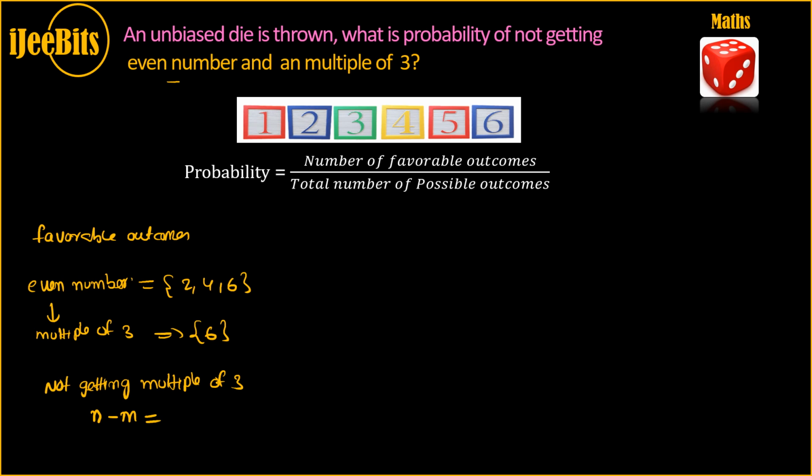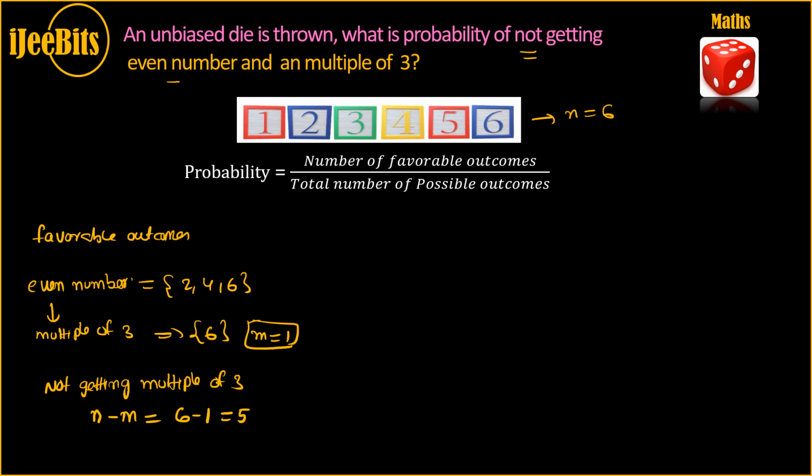Total events we know, n equals 6, and m means only one event, one outcome. So 6 minus 1 equals 5. This is nothing but a "not" case.